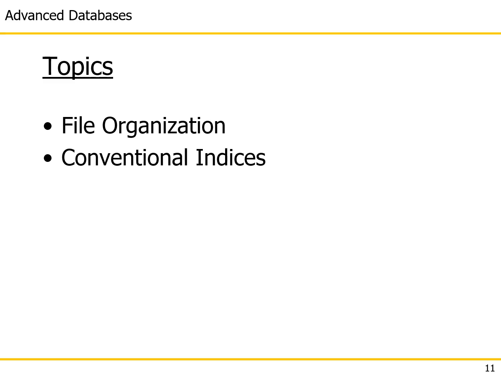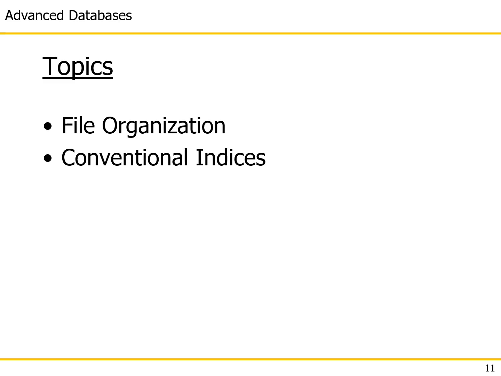We will talk about two things: how files are organized on disk, and the first appearance of indices, which are called conventional indices, many years back. I will also introduce in this lecture a modern index that exists on many database engines, that is based on the ideas of conventional indices.